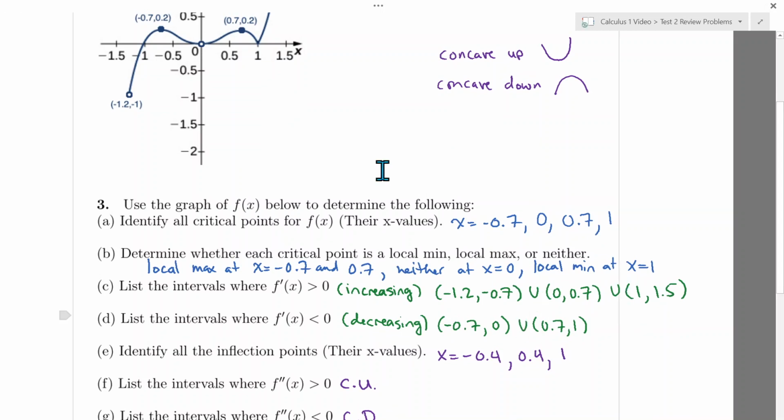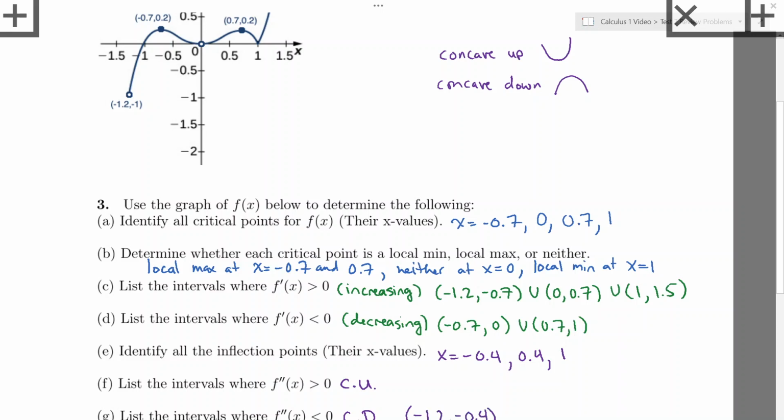Okay, so let's read off the intervals. This is concave down. Again, the intervals are the x values, right? So from negative 1.2 to around negative 0.4. And then in the middle portion here, from negative 0.4 to positive 0.4, it's concave up.